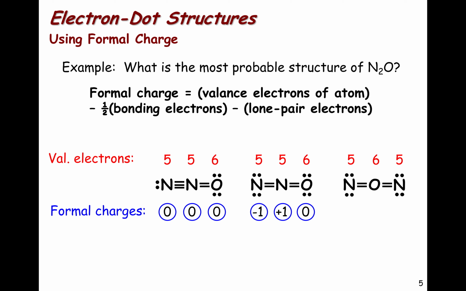This is not as good as if we could find a structure where all the formal charges are 0, but our final Lewis-dot structure has formal charges where oxygen becomes +2, and that certainly is not very desirable for a very electronegative atom.